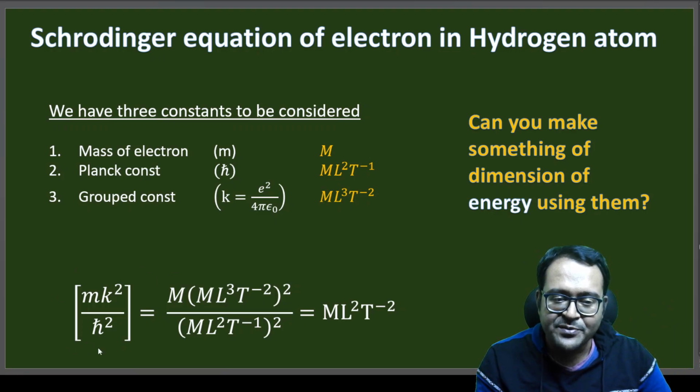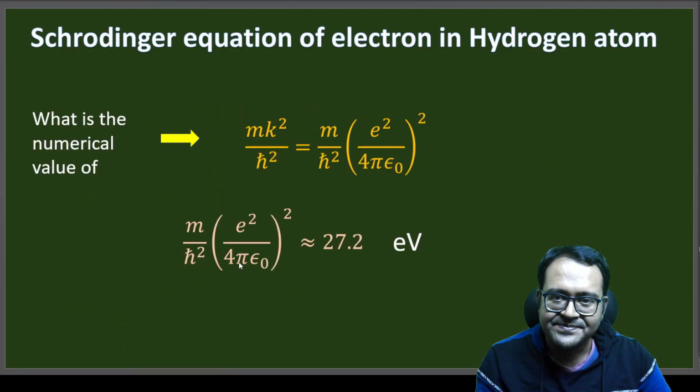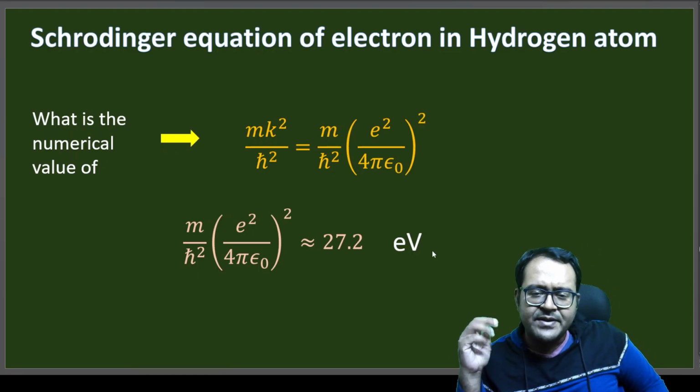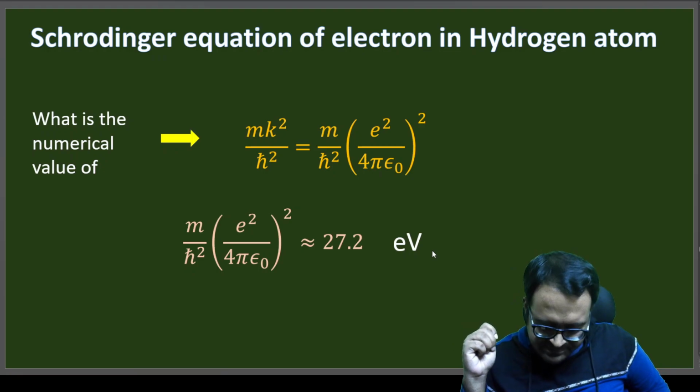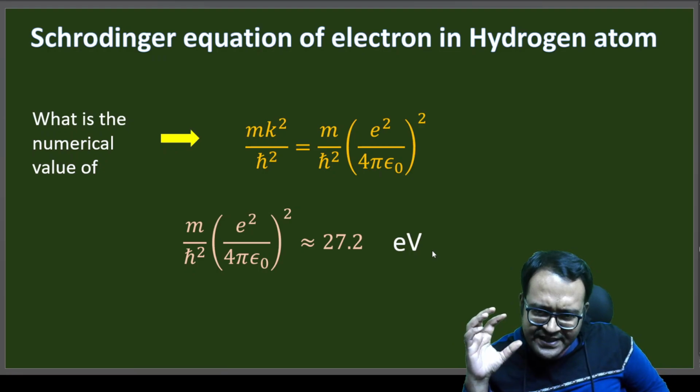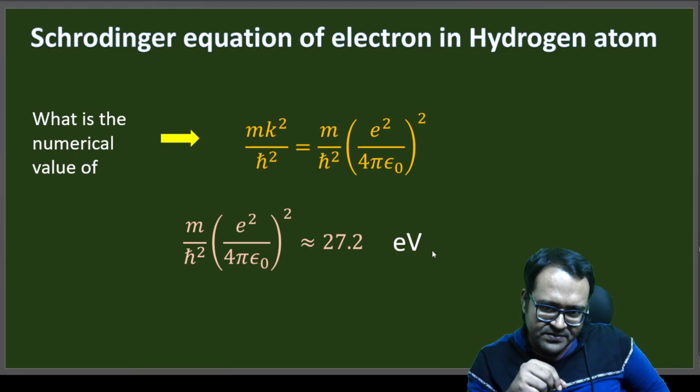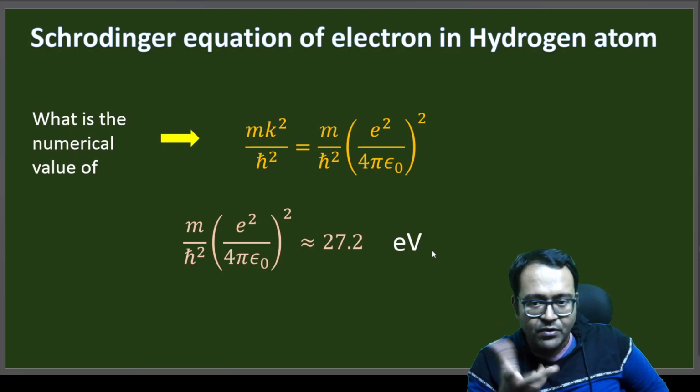So what will be the numerical value of this? Very interesting. m k square by h bar square, properly written, will be this. And if you just put the values, this gives you 27.2 electron volt. And that is exactly double, just double, of what you get by solving it properly, which is 13.6 electron volt. So it is not correct within a factor, of course.